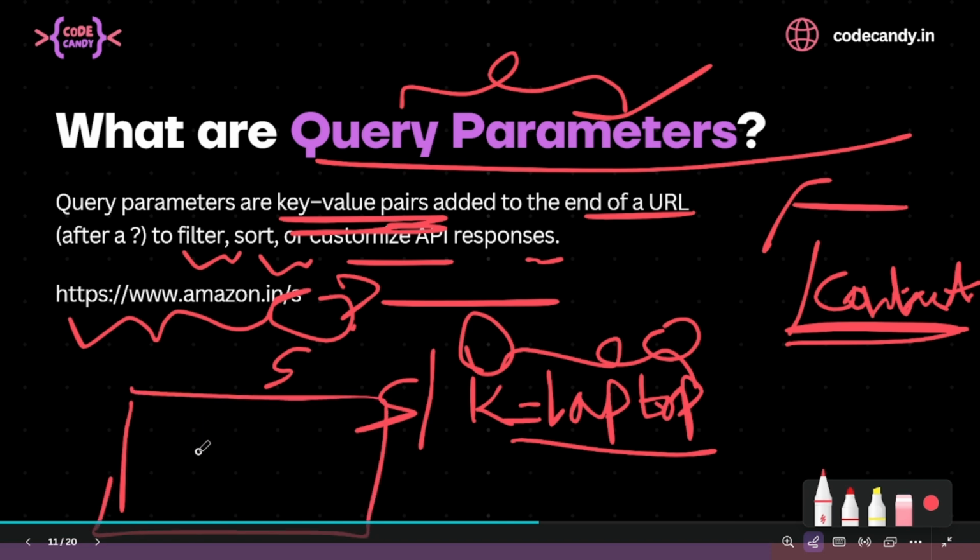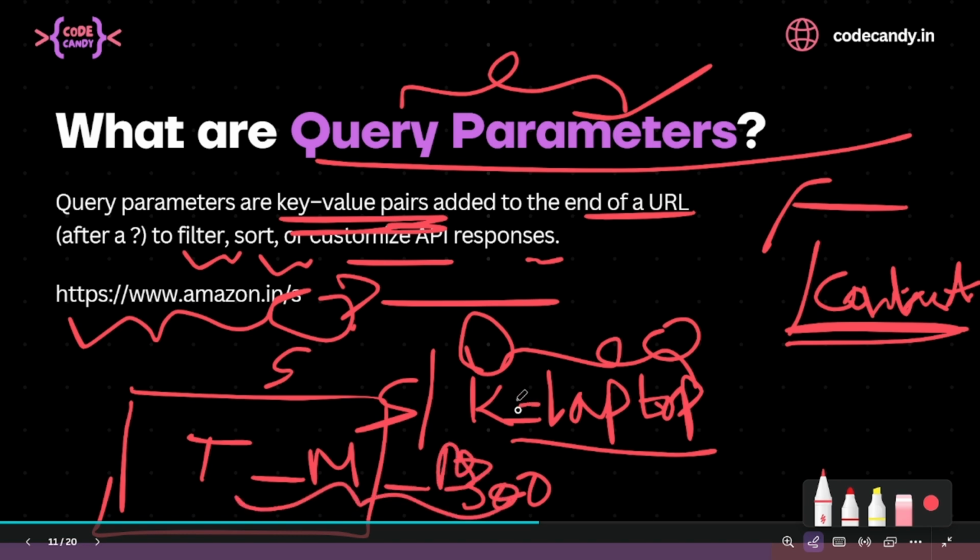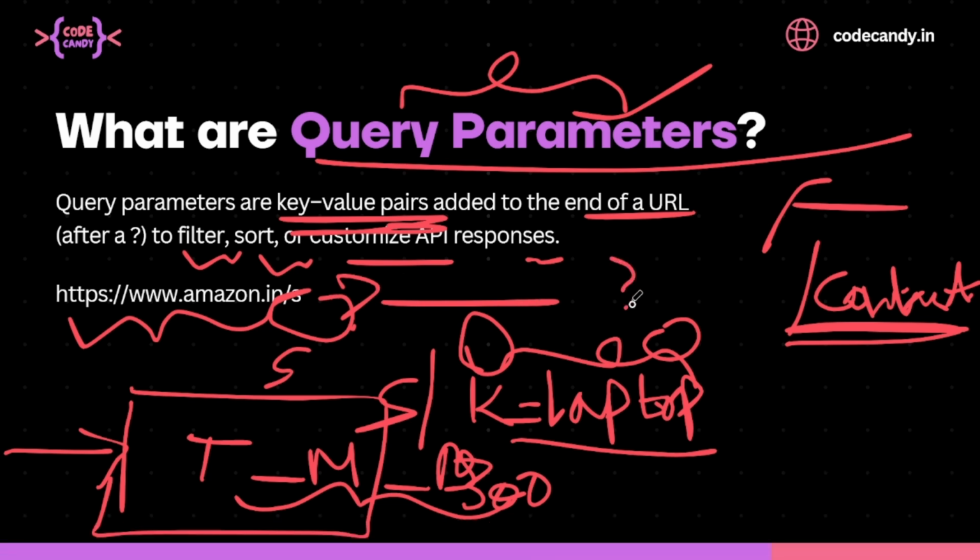Now I want a t-shirt size M under 300 rupees. These specification filters are called query parameters. Reaching Judio is the path parameter. After reaching Judio, what you are doing is called query parameters. These query parameters always come after the question mark in the URL.